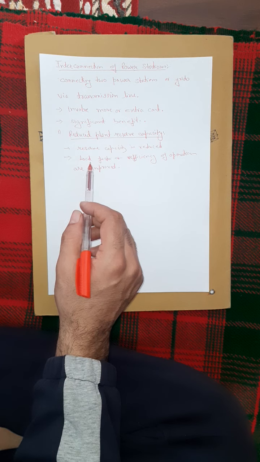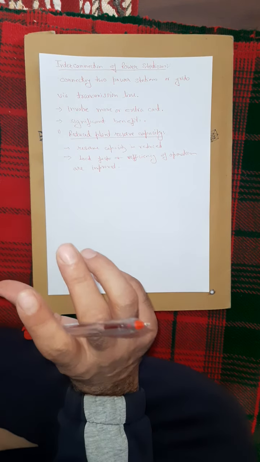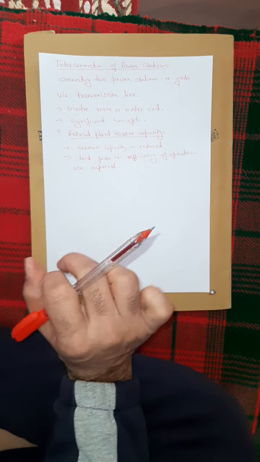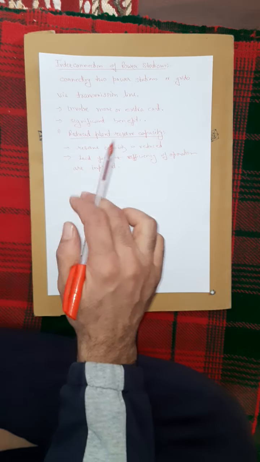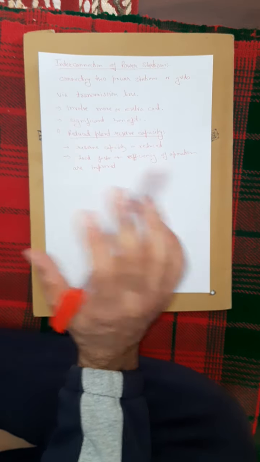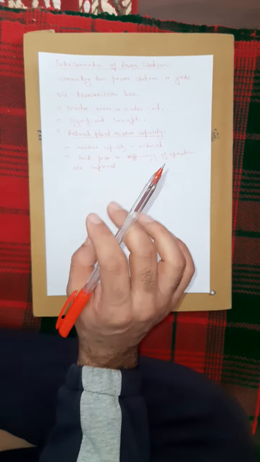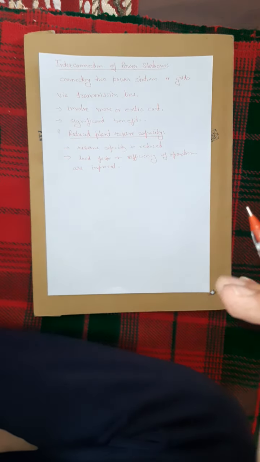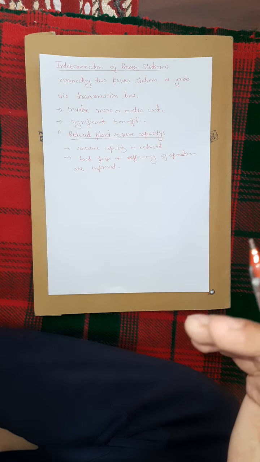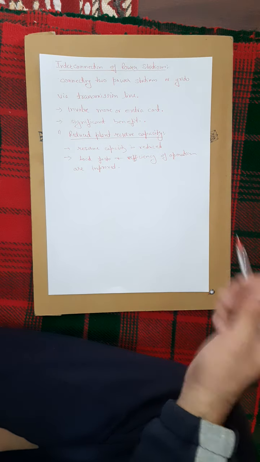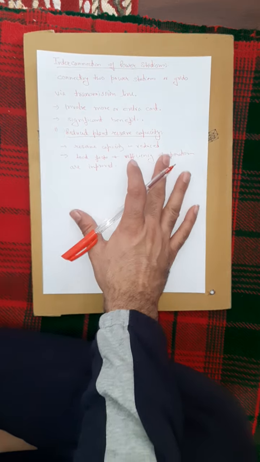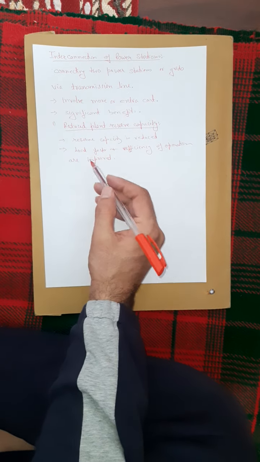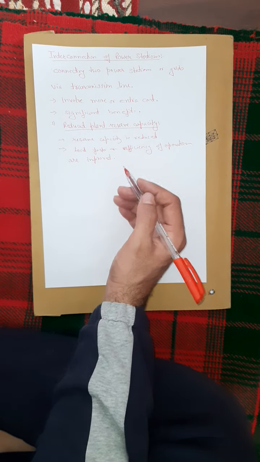Reserve capacity is what I told you is spinning reserve. When this reserve capacity gets reduced, we can load the plant to its rated capacity. This improves the load factor, and the efficiency of operation is also improved.